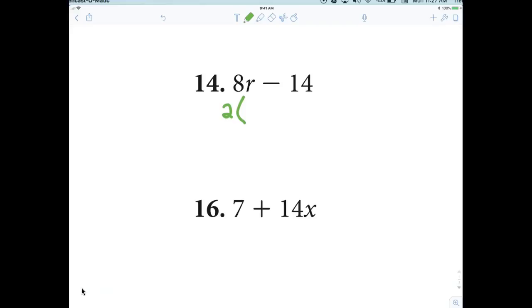So you're basically, Julian, going 8 divided by 2, which is what? So we would say 4r minus, and then we're doing 14 divided by 2 again, which is 7. So does everybody see how simple that really is? Before we were multiplying.